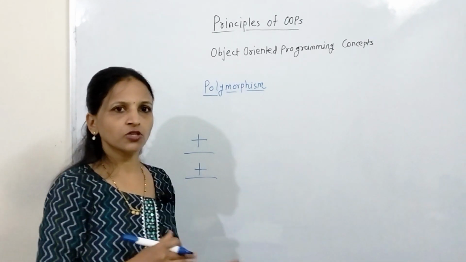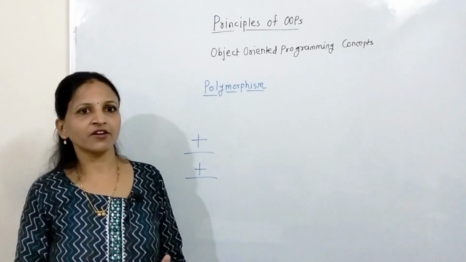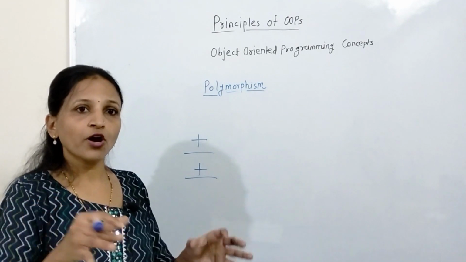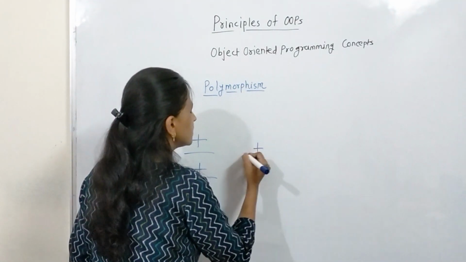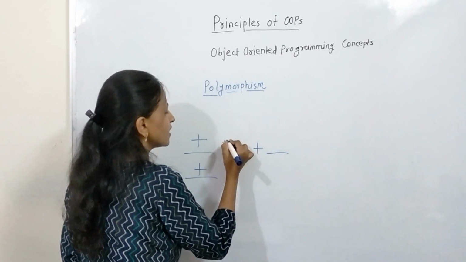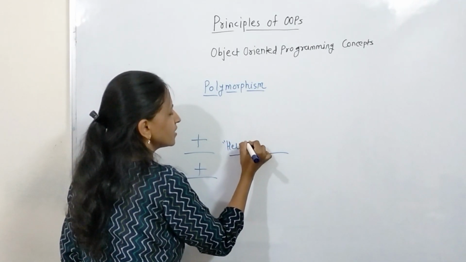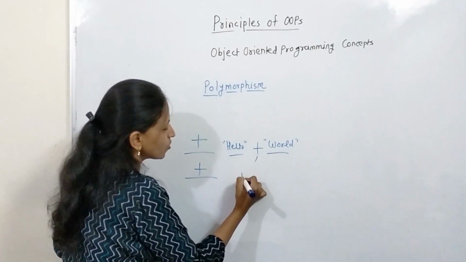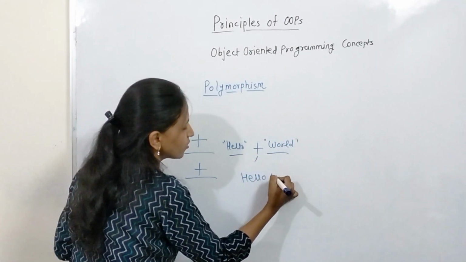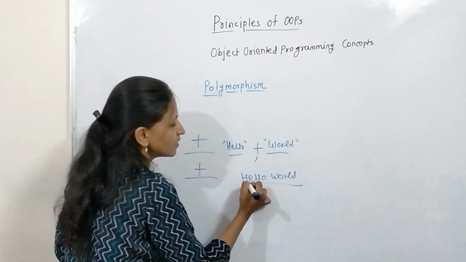Not in C or C++, but in some programming languages we can use this plus symbol to concatenate two strings. Like plus, here one string is there, second string is there, like hello and world. Then you can use that plus symbol to attach these two strings, like hello world. This is nothing but concatenation.